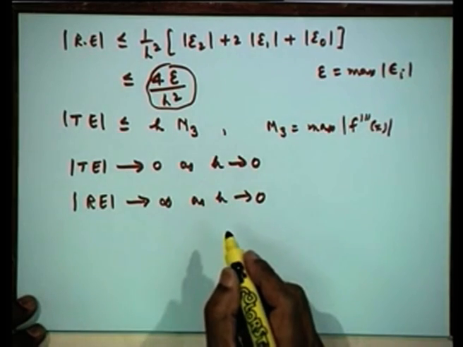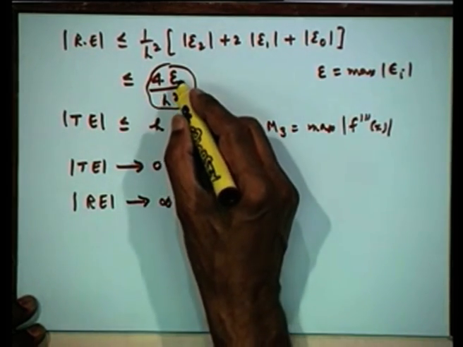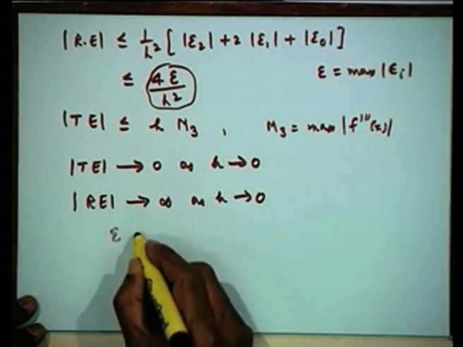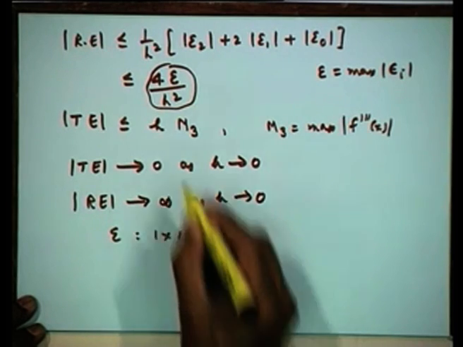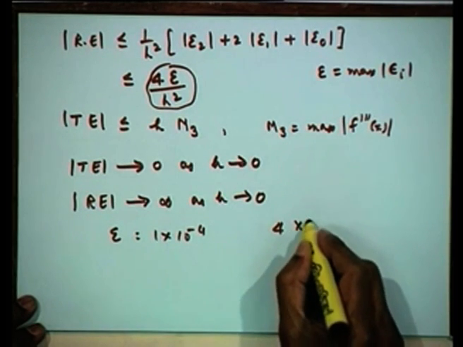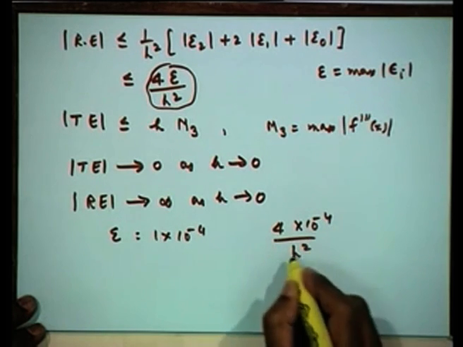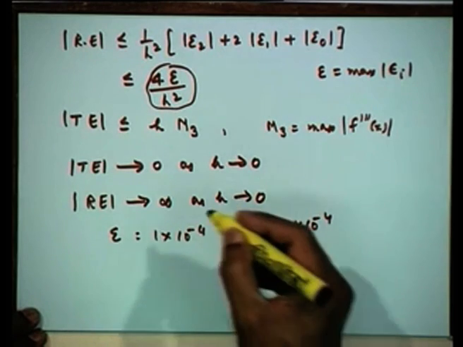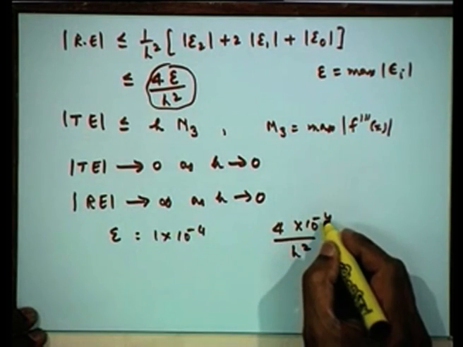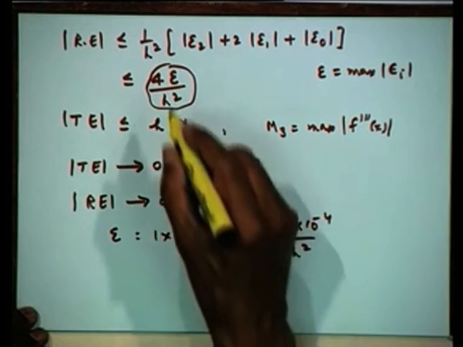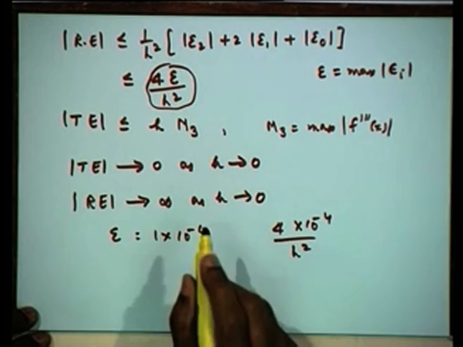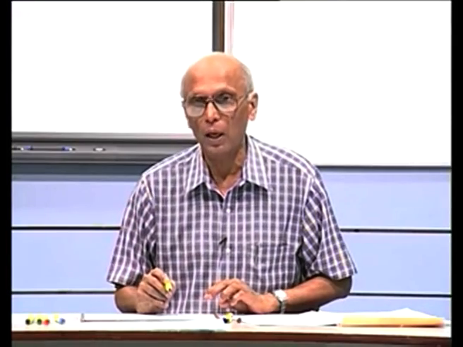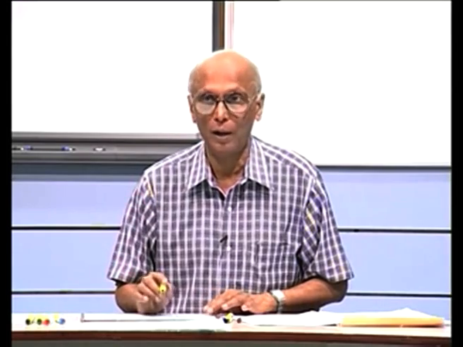For example, if epsilon is 1 into 10 to the power of minus 4, then this is 4 into 10 to the power of minus 4 divided by h square, depending on the step length. If h is smaller and smaller, going to 0.01, 0.001, this is going to be a very big quantity, and therefore the round off error can blow up and play havoc in finding the numerical solution. And hence, we say numerical differentiation can be an unstable process.